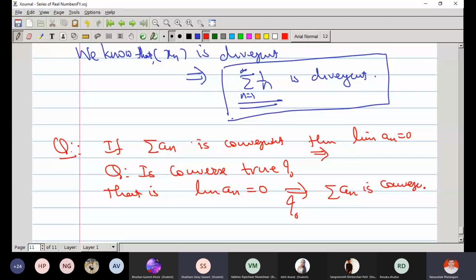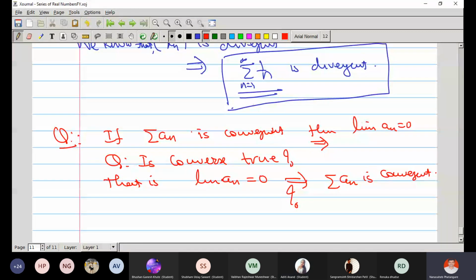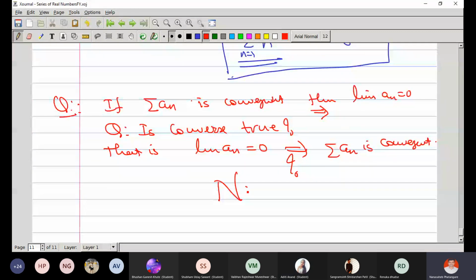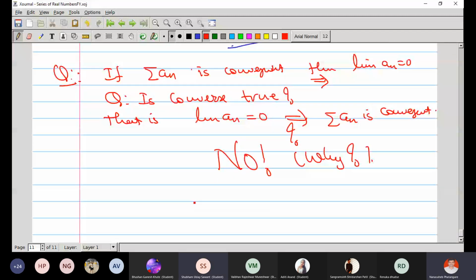No, sir. The answer is no. Why? Because we can show a series for which limit of an is 0, but the series is not convergent. Exactly, so we can produce a counterexample. When we say some statement is false, one counterexample is sufficient.